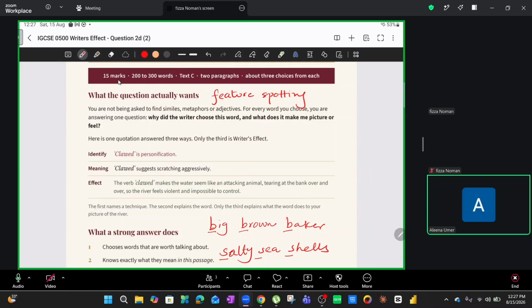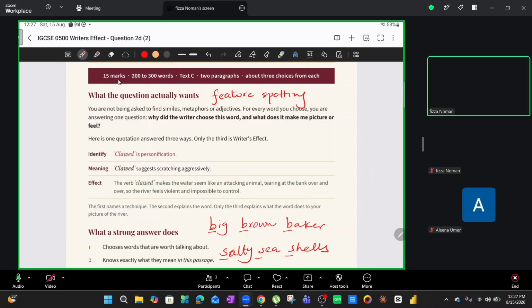And then the second one is where you just simply define the meaning. Now, in this case as well, that's not the effect created, that's just simple meaning. So, clawed suggests scratching aggressively, because clawed comes from the word claws, right? And claws are something that humans don't have.